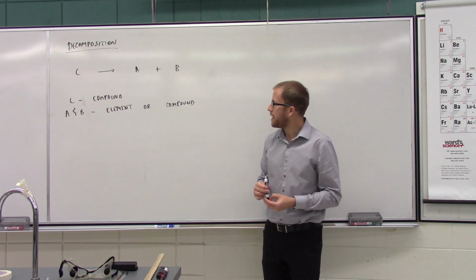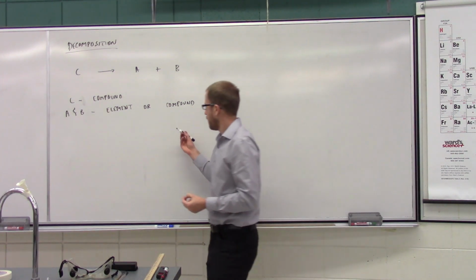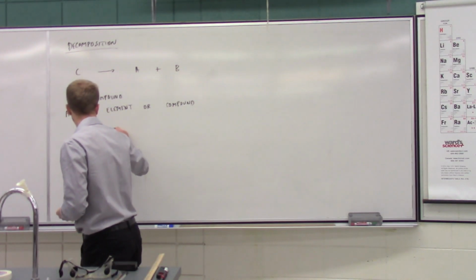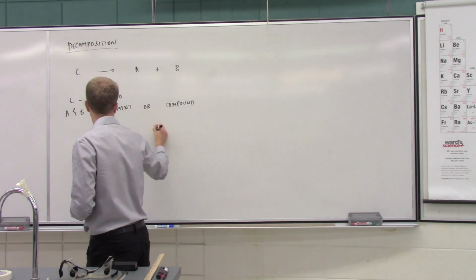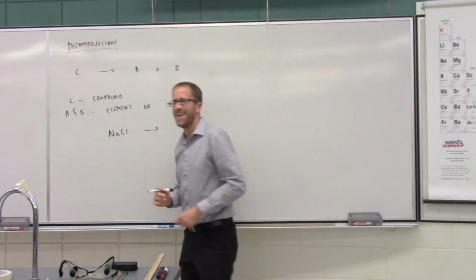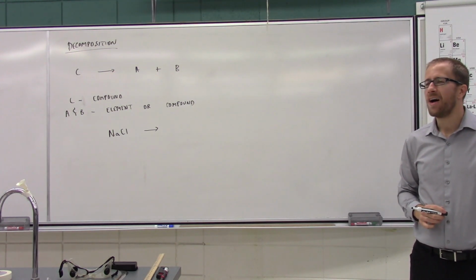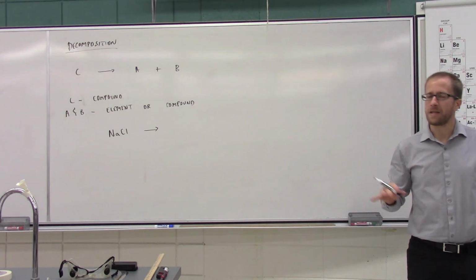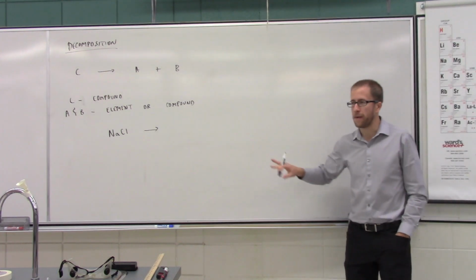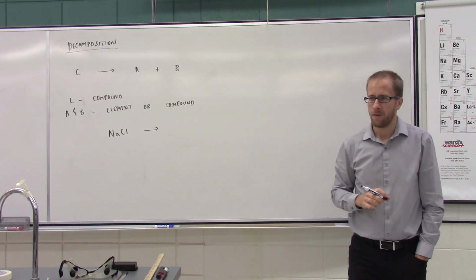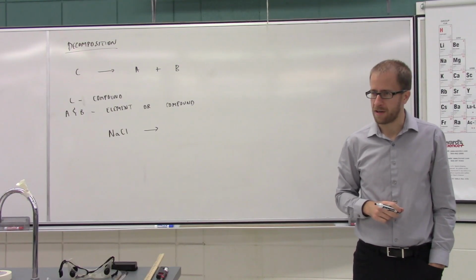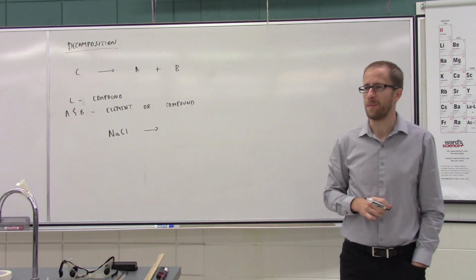So let's use my namesake here as an example. Let's use some salt. Now, with salt, under very specific conditions, keep in mind this is a very stable compound, right? Table salt, you don't see it randomly turning into sodium metal and chlorine gas and killing people.